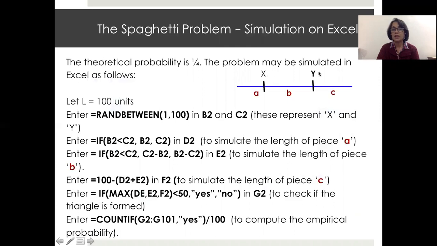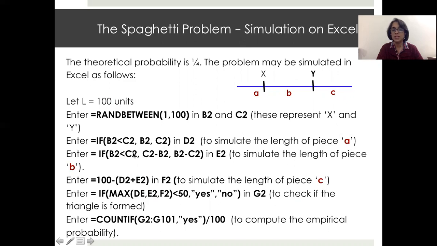We generate two random numbers X and Y, which will denote the points where the stick has been broken. This can be done by using the RANDBETWEEN command with 1 and 100, and we will place them in the cells B2 and C2. These will represent the numbers X and Y. Now we will use a conditional statement: if B2 is less than C2, then the part A should have the smaller of these two values, that is B2, else it should have C2.